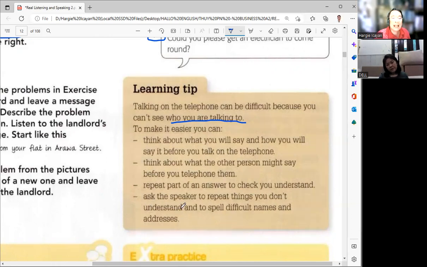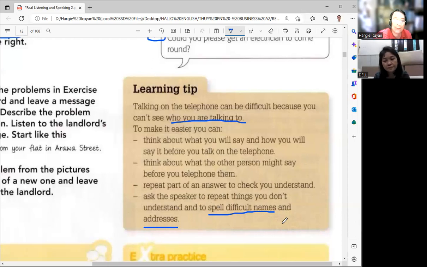Okay, so ask the speaker to repeat things you don't understand and to spell difficult names and addresses. Okay, especially names, because sometimes names are difficult to pronounce. So it's better to let them spell out the names, okay?